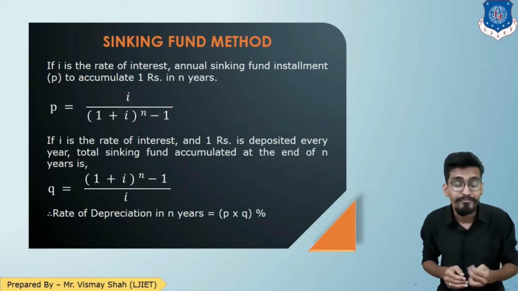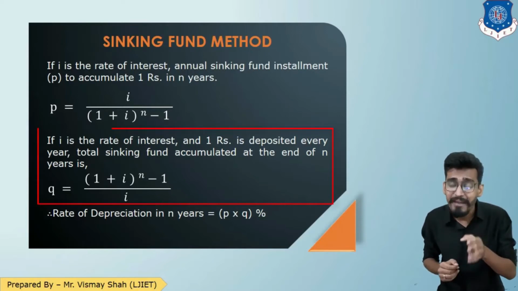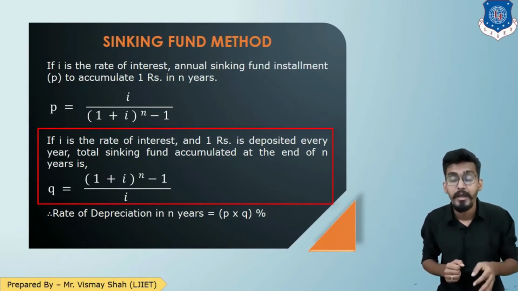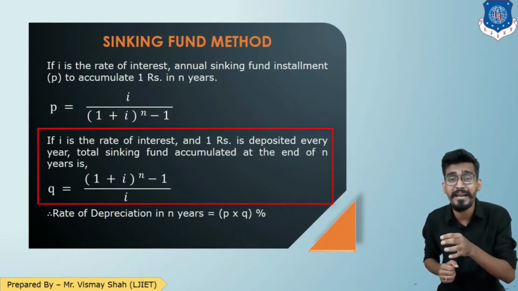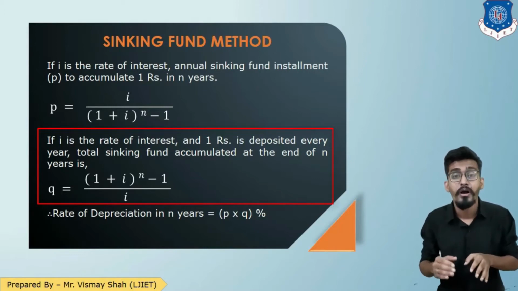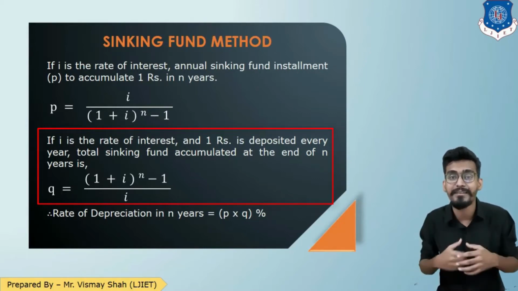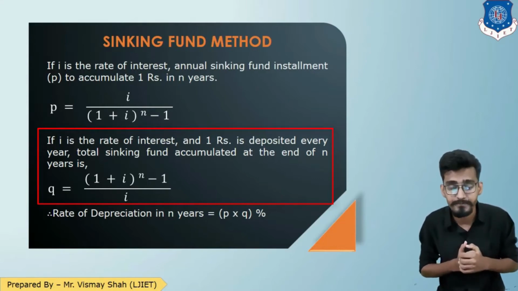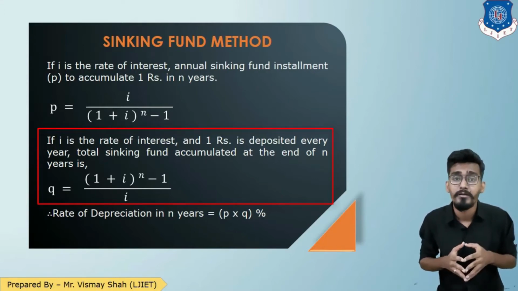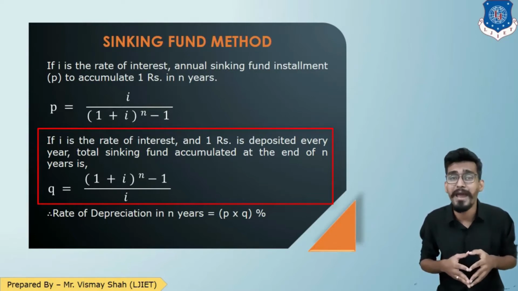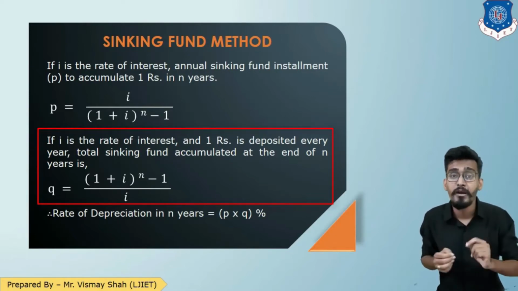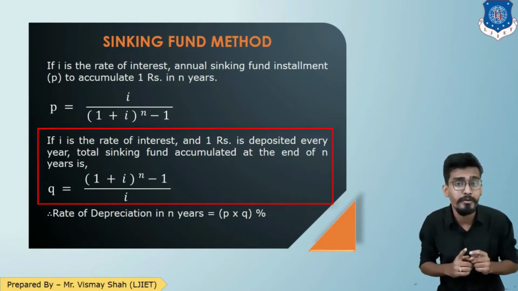Now the second formula: if the rate of interest is I, and 1 rupee is deposited every year, how much sinking fund should be accumulated at the end of n years? So that is Q formula. The formula is (1 plus I) raised to n minus 1, upon I. Exactly the reverse of P formula. Now what is Q formula saying?